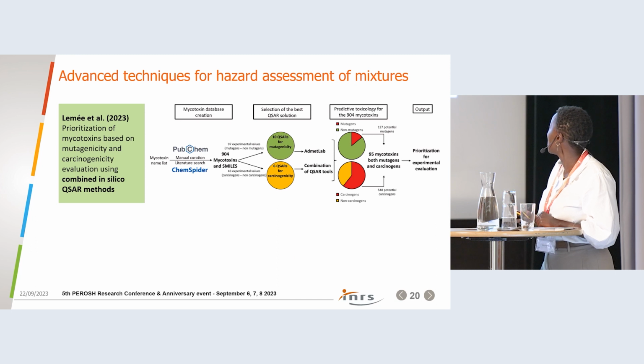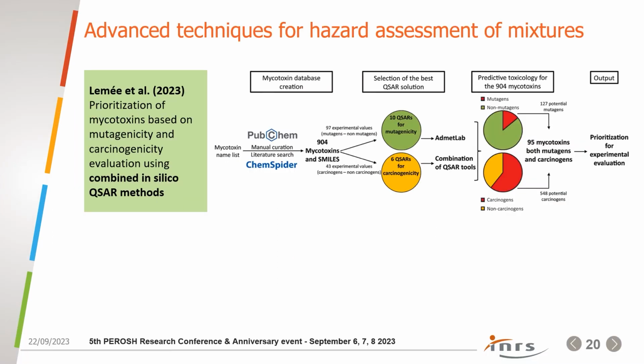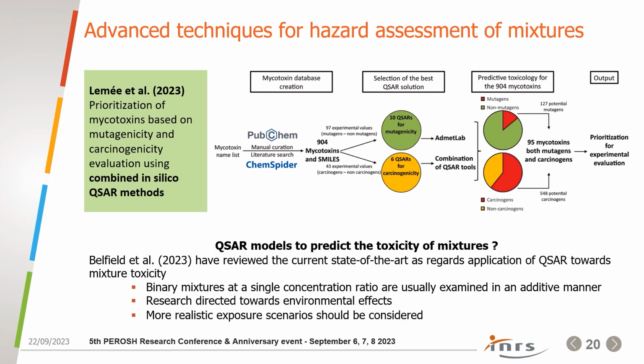And just this last slide on the work of Lemay et al., who combined several QSAR models to prioritize mycotoxins to further evaluate for their toxicological properties. In this study, the authors selected 10 QSAR models for mutagenicity and 6 QSAR models for carcinogenicity, and 900 mycotoxins were tested.